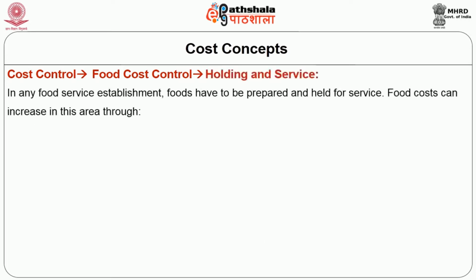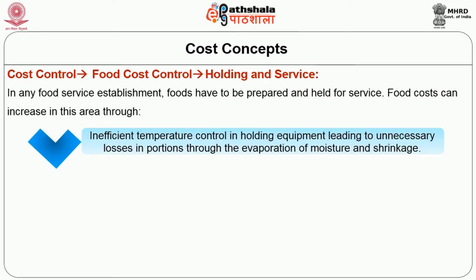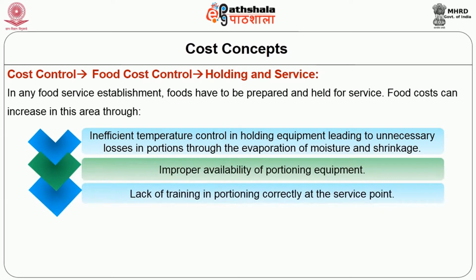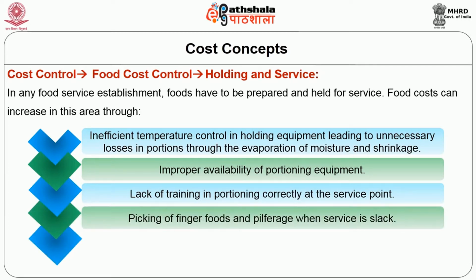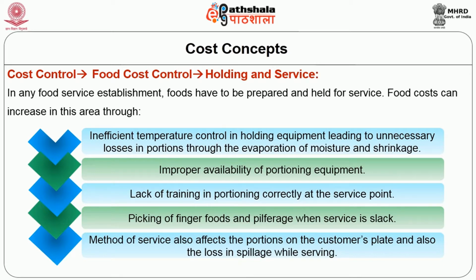Holding and service. In any food service establishment, foods have to be prepared and held for service. Food cost can increase in this area through inefficient temperature control in holding equipment, leading to unnecessary losses in portions through the evaporation of moisture and shrinkage, improper availability of portioning equipment, lack of training in portioning correctly at the service point, picking of finger foods and pilferage when service is slack.